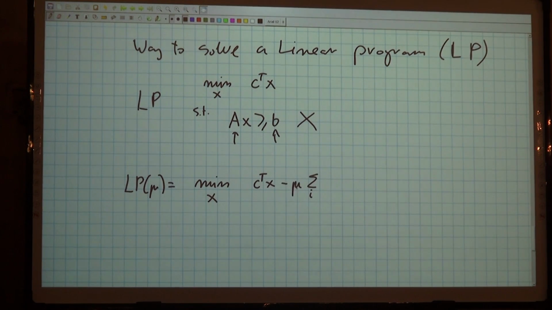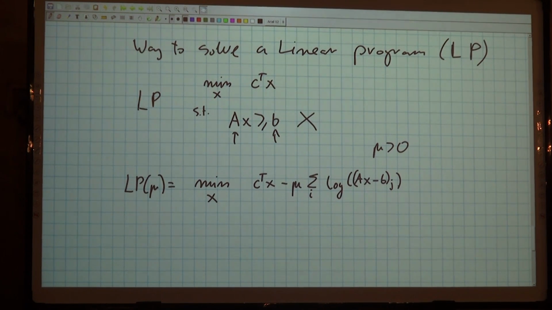It has mu, which is just a scalar, something strictly positive. For every constraint, I look at the jth inequality and I just take a log of it.